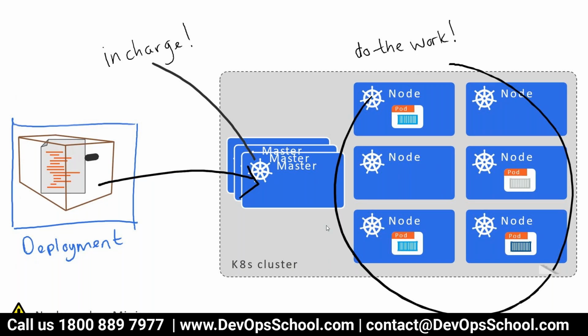Now if you look at this picture, on the node side, you have a few nodes where you have a pod. If you look at this pod image carefully, inside that there's one image which is called a container. Now the question is, what is a pod? And what is a container?